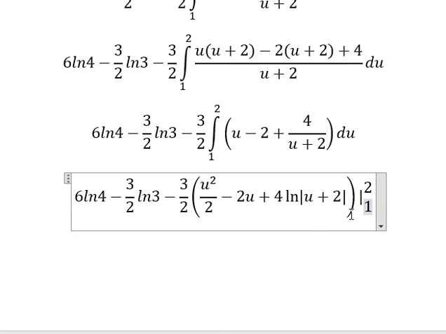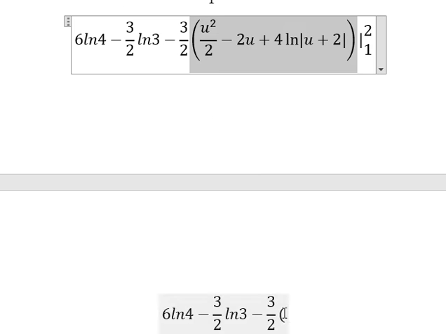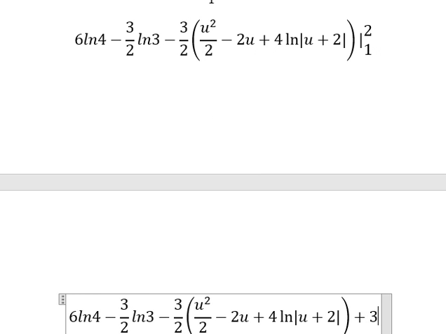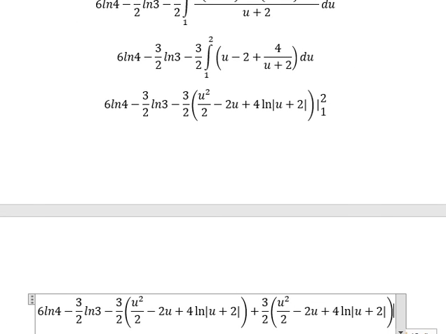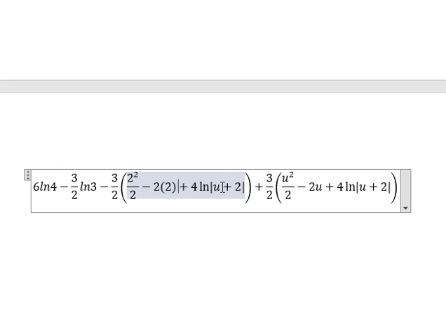And now we put number 2 and number 1 going here. So I need to put 2 going here and here. Number 1 going here and here.